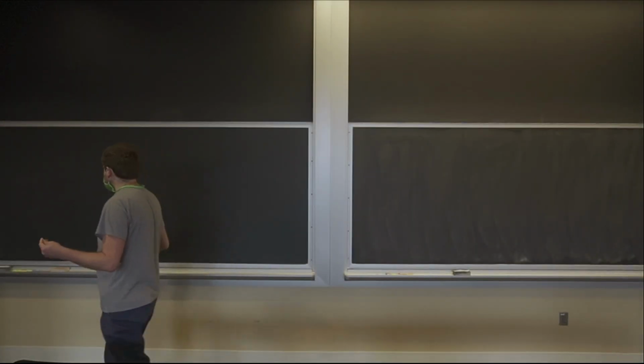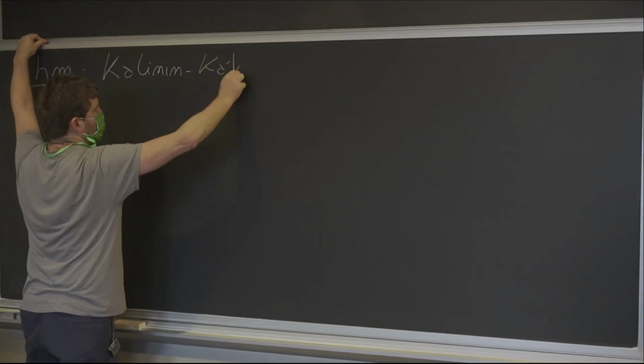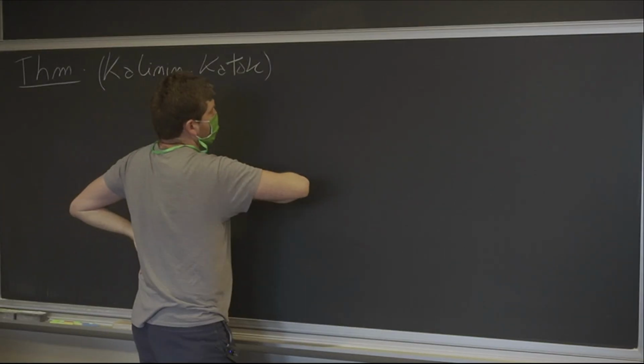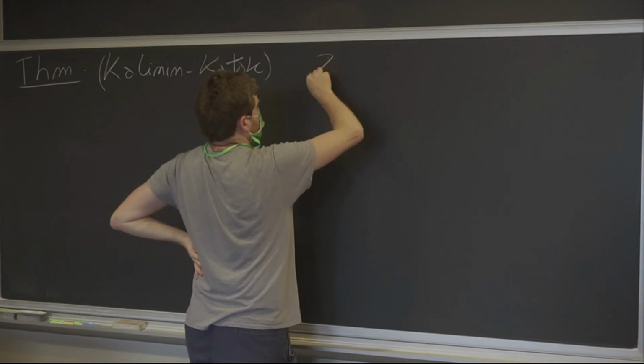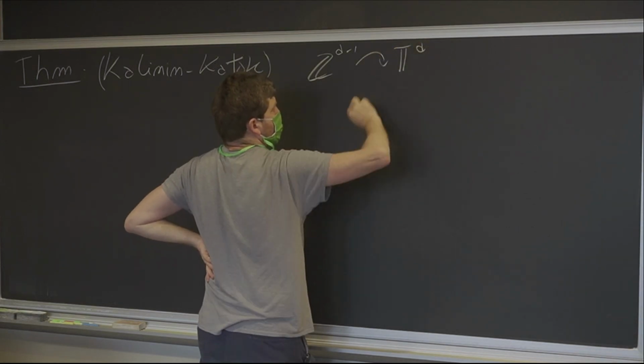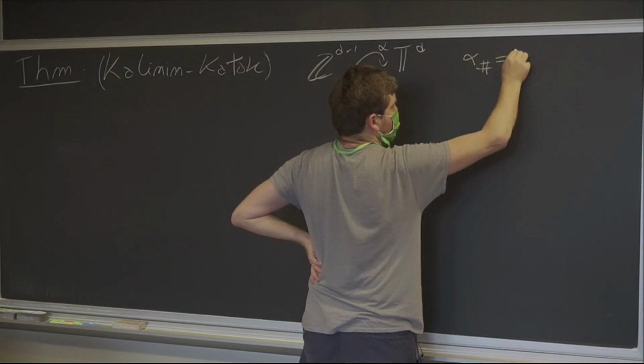Okay, so let's state the theorem we were working on. It is Kalinin-Katok. We have Z^(d-1) acting on the torus T^d. This is alpha. Alpha sharp, we call it rho.